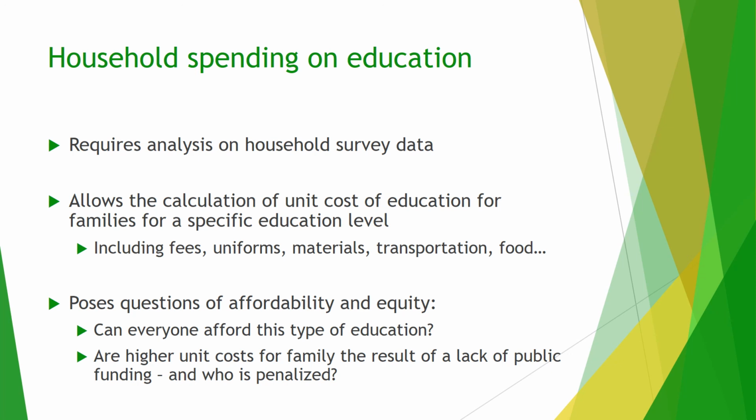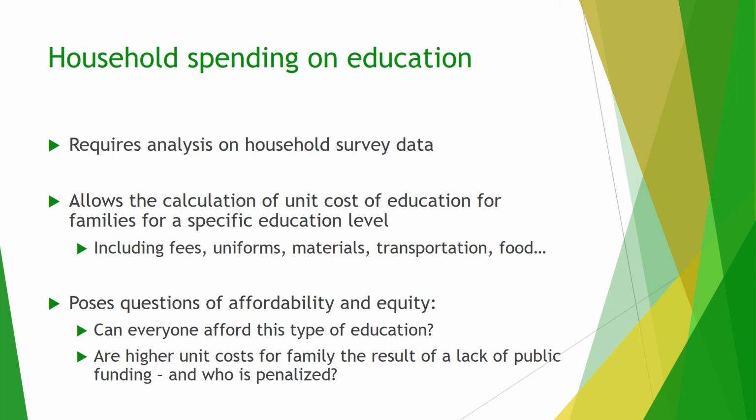There may also be some information in some more generic household surveys. But typically those household surveys that can be exploited for this analysis will ask families how much they spend on school fees, how much they spend on uniform, for instance, how much they spend on school materials, how much they spend on transportation, school meals, etc. And this allows for the calculation of a total budget for education.